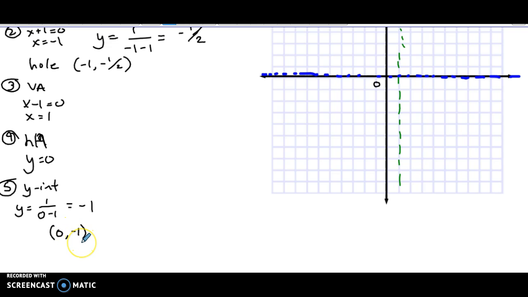Our y-intercept is 0, negative 1. We'll go ahead and plot that. So it's 0, negative 1. Then we have part 6, which we'll do in the next video.